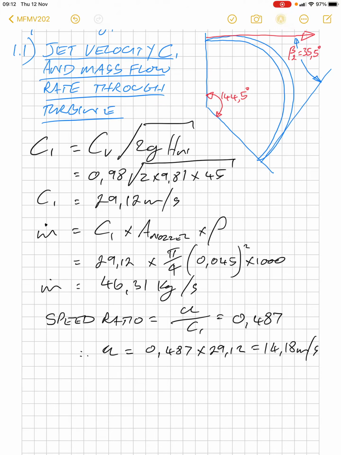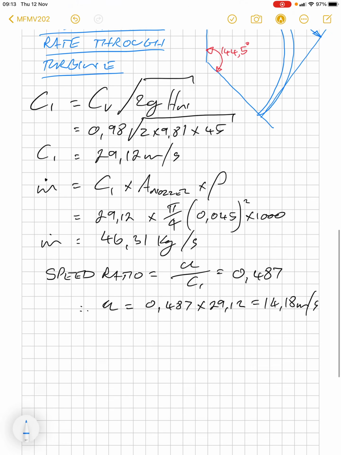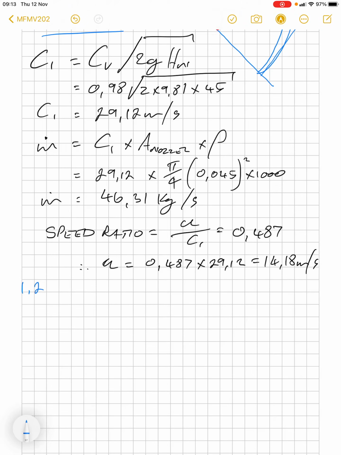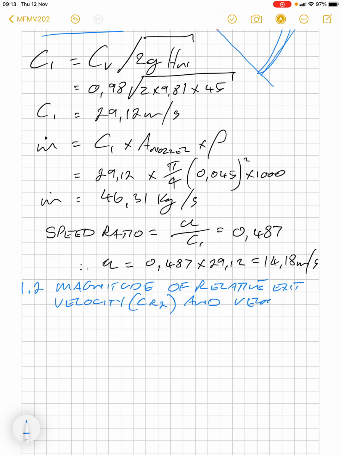Alright, so the second one, 1.2, is the magnitude of relative exit velocity CR2 and the velocities of whirl.